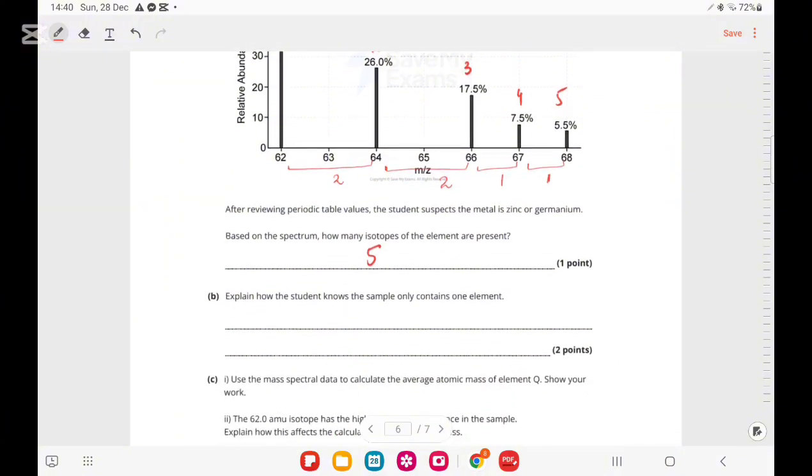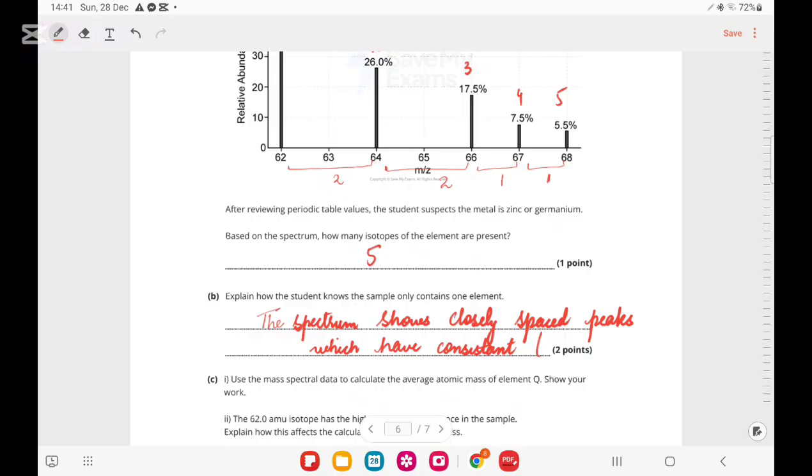So the spectrum shows closely spaced peaks, which have consistent 1 to 2 AMU spacing.